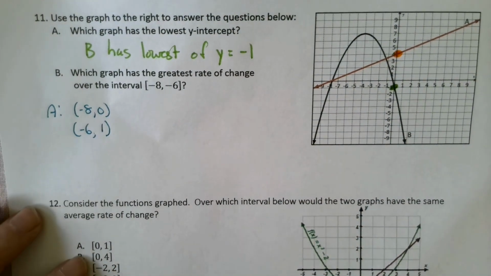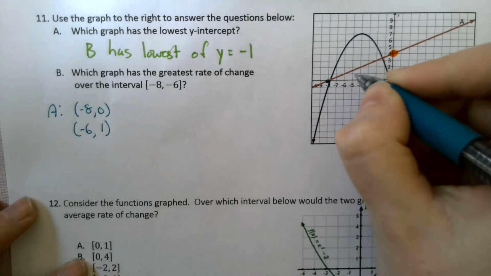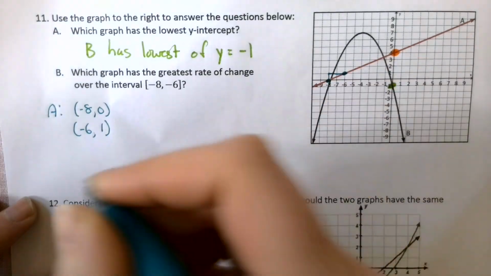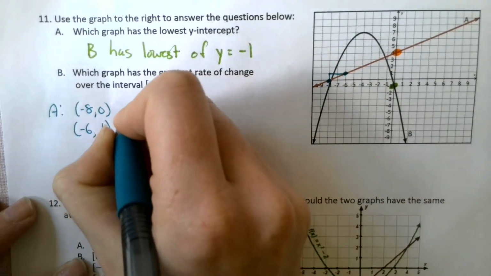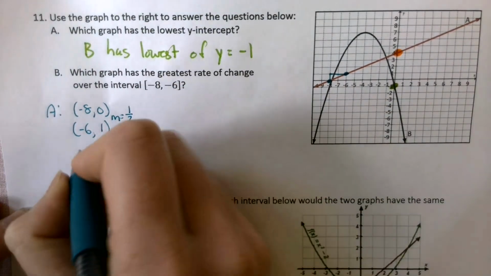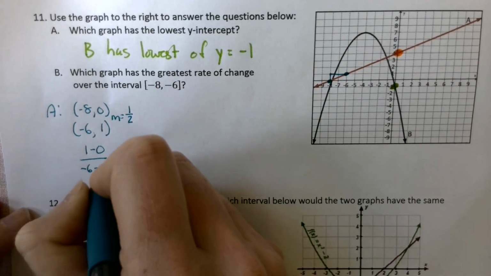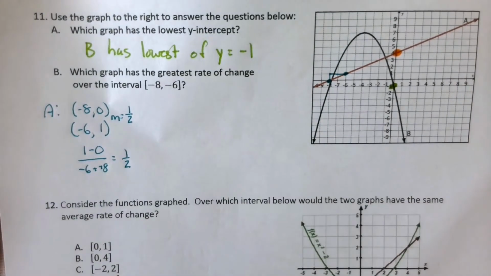So we need to do a rise over a run. That's going to be rise 1 over 2. You could also do the 1 minus 0 over -6 minus -8 to get 1/2. Okay.